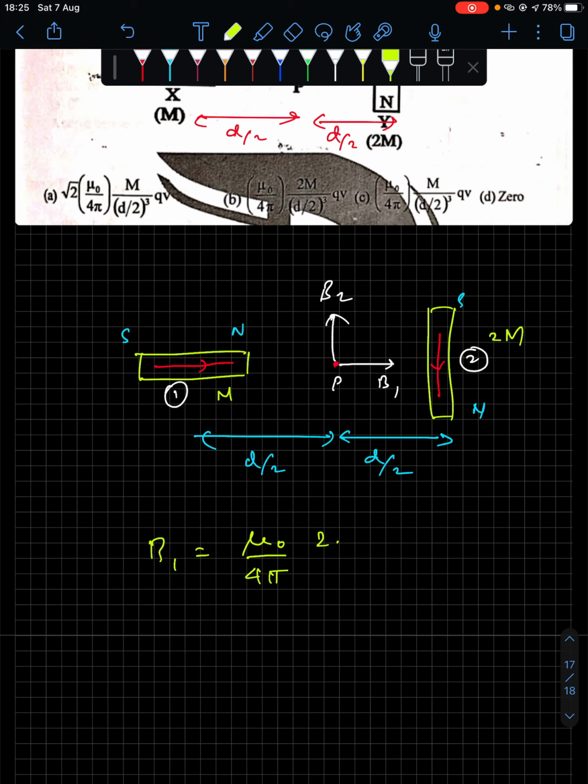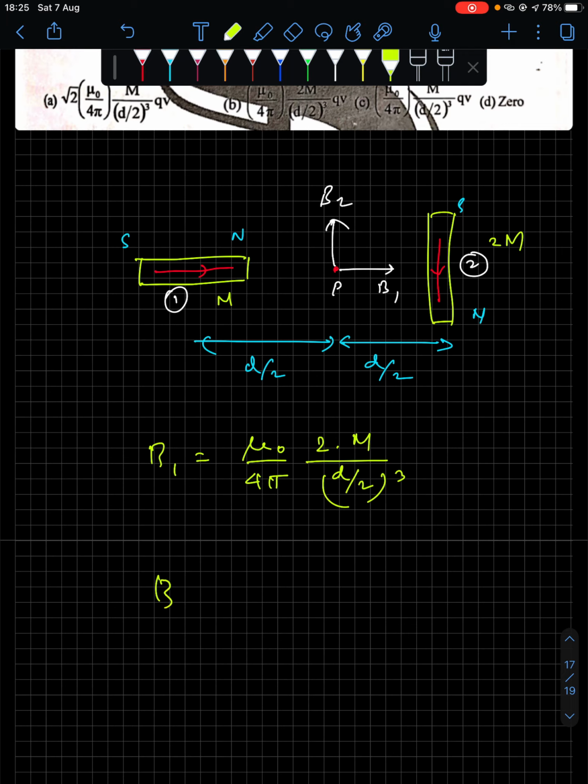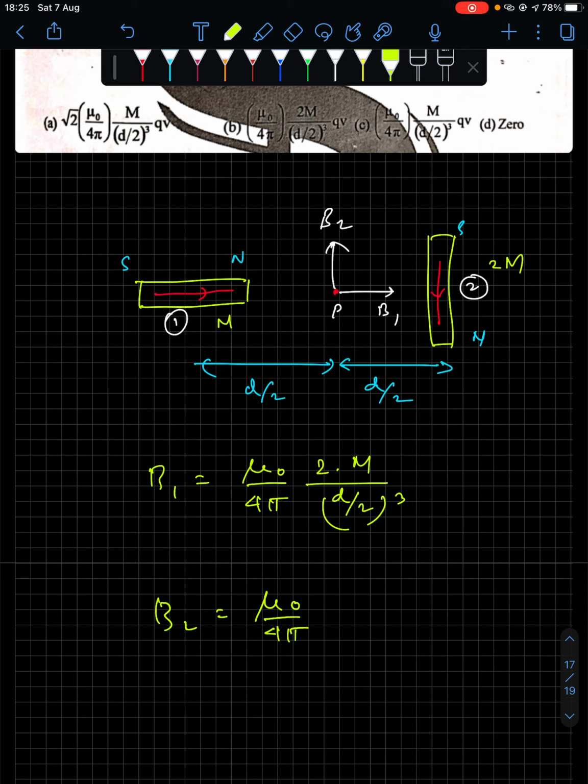So the magnetic moment is m here, so we are putting m directly, divided by d by 2 whole cube. Now B2 is mu naught by 4 pi. For the equatorial line, the relation is mu naught m by 4 pi r cube. For the axial line the relation is mu naught twice m by 4 pi r cube.